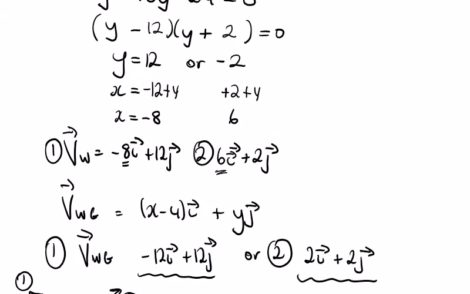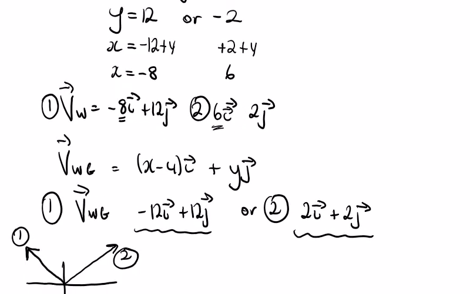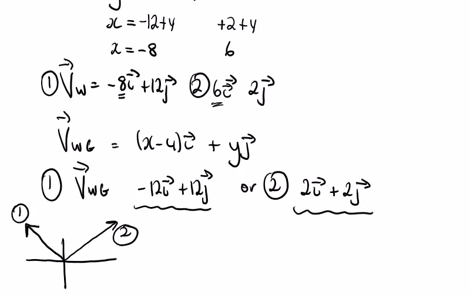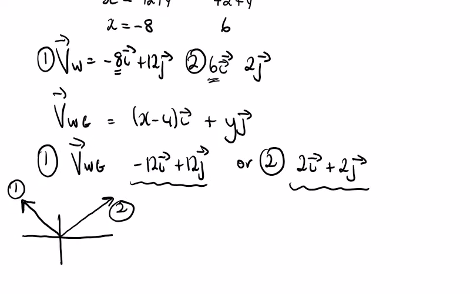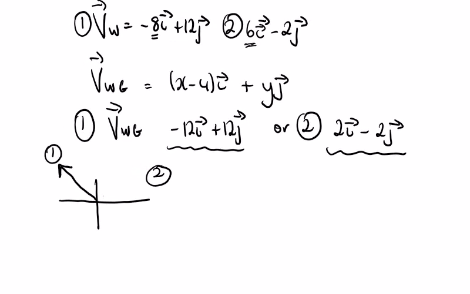Did I put a plus in there? We should have had a minus 2 here. It's a minus 2j. 6i minus 2j. Which would leave this one as 2i minus 2j, because it can't be going in the north. You see, so it's positive, negative. Positive, negative is in this direction, and that's number 2 down there.